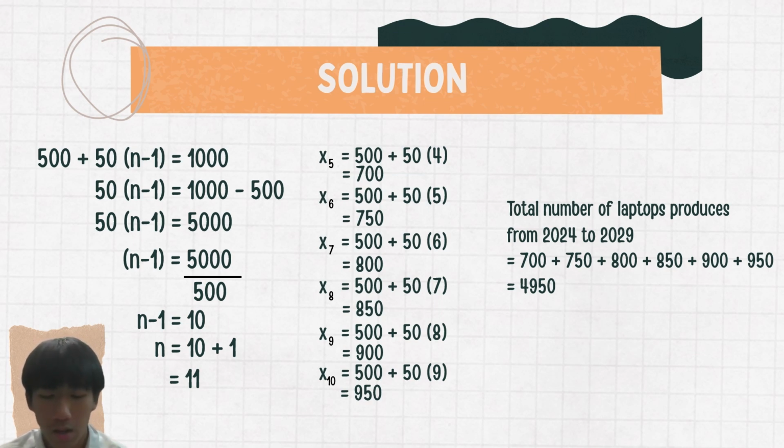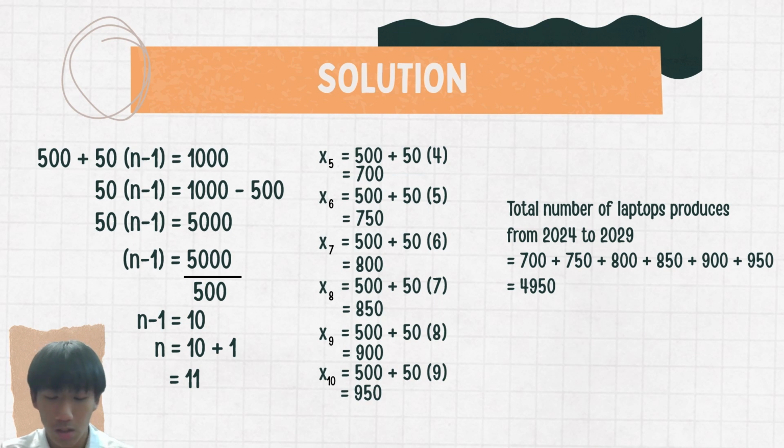So we put 500 as the first term a, and d, the common difference, into the formula, and we find n, and finally we get the answer, which is 11.